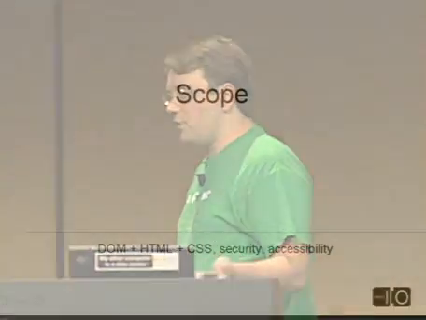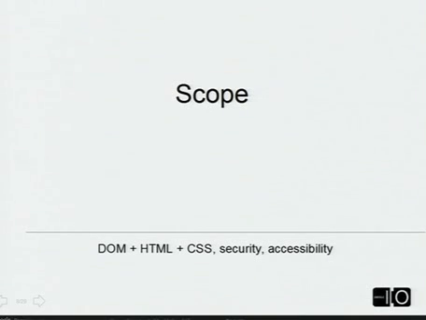The scope, as I said, is the open web. What is the open web? Well, it's the DOM, as defined by the W3C and a patchwork of extensions, some of which are being standardized and some of which are just one of those things that everybody knows.